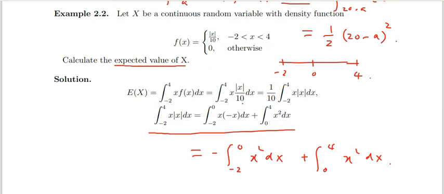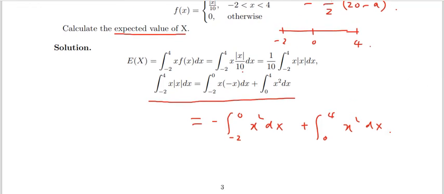Maybe here we can also say this integration of x squared from -2 to 0 equals the same from 0 to 2, right?